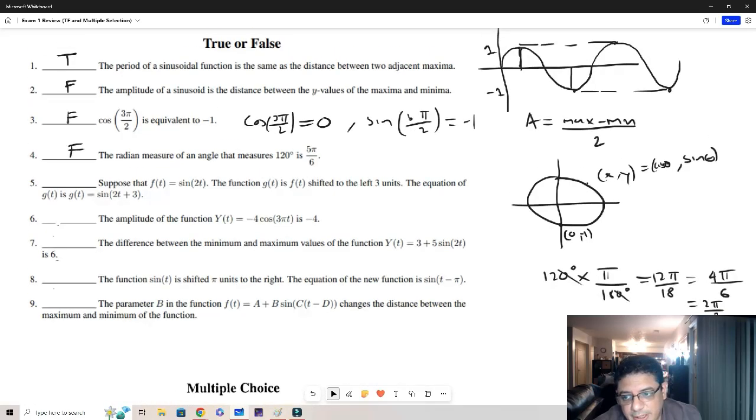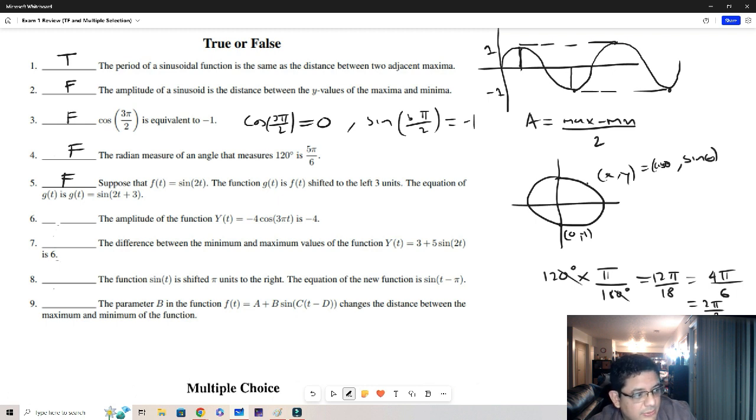Question number 5 says, suppose that f of t is equal to the sine of 2t. If the function g of t is f of t shifted to the left 3 units, then g of t is sine of 2t plus 3. This is false as well, because to have a complete shift, the 2 will have to be multiplying this 3.